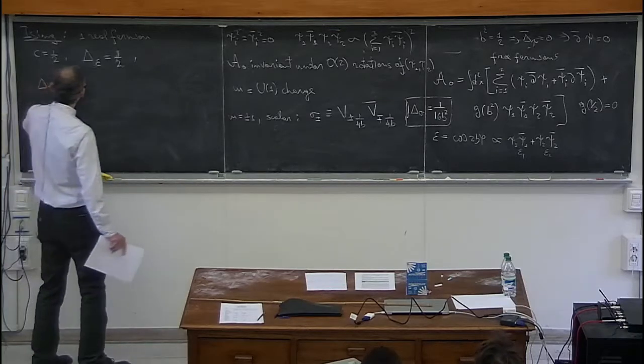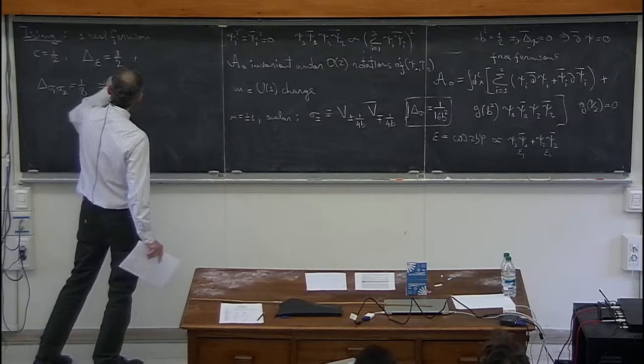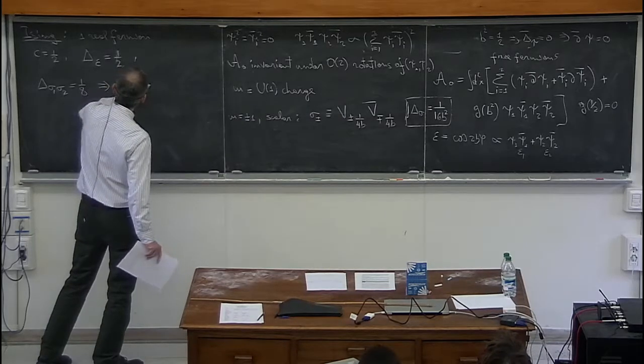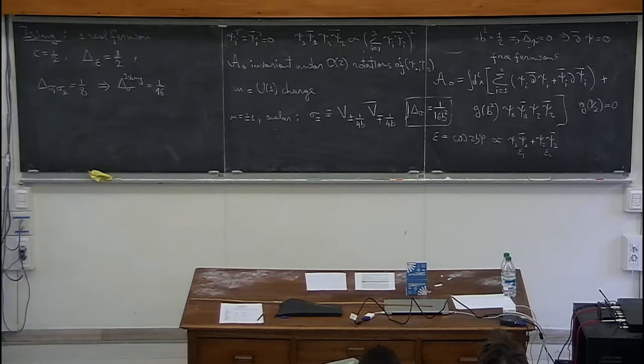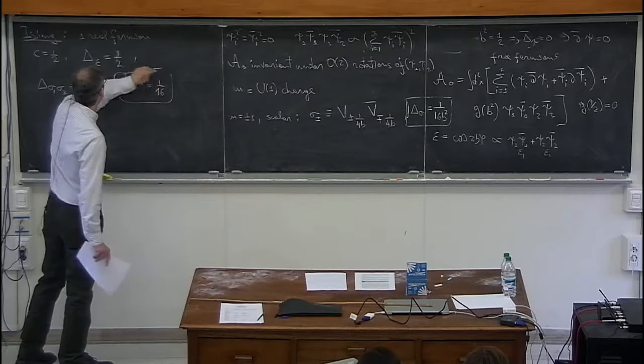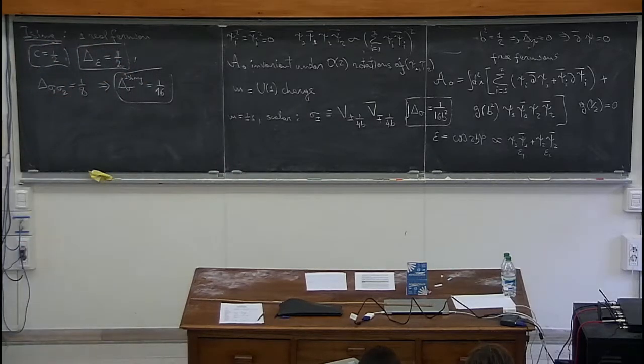So this is 1/8, which means the delta sigma in Ising is 1/16, half of this. Okay, so these are the basic information about the Ising universality class that I quickly mention at this point.